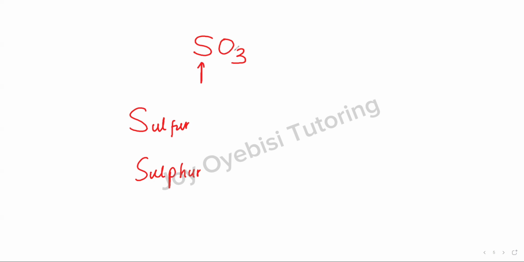Now, oxygen would end with ide. So instead of oxygen, you have oxide. But you have 3 of those oxygens, and the prefix for 3 is tri, then oxide. So trioxide. Okay, so the name of this compound will simply be sulfur trioxide.